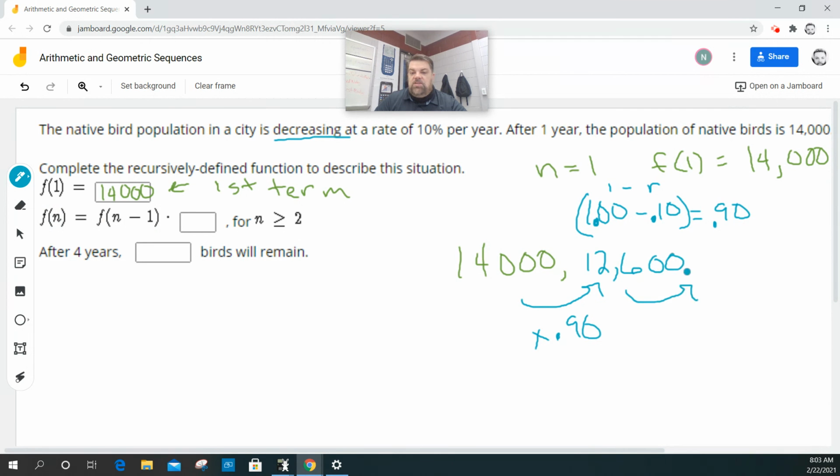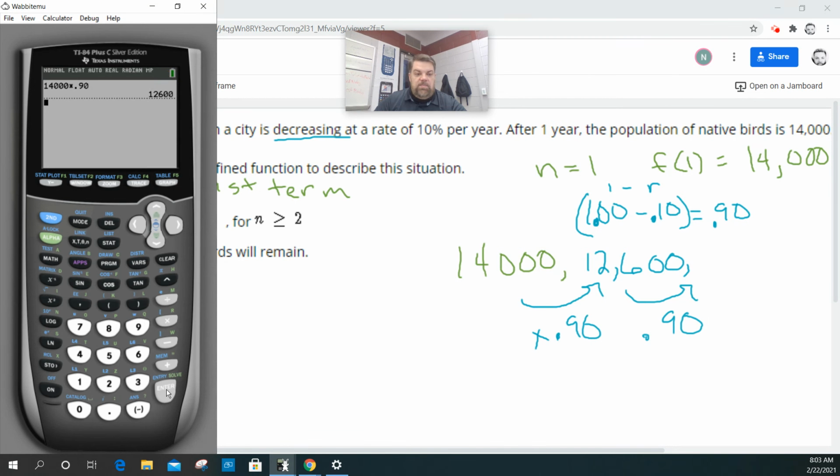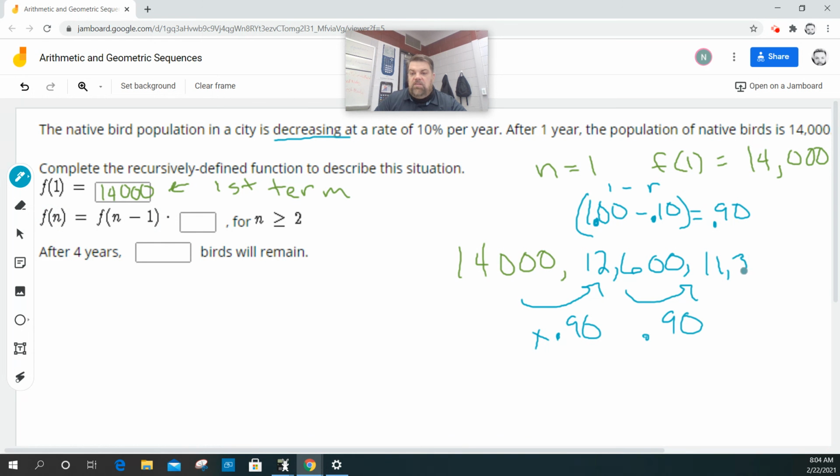So to get the next term, I'm going to multiply that by 0.9. So I got to go 12,600 times 0.9. And I get 11,340.